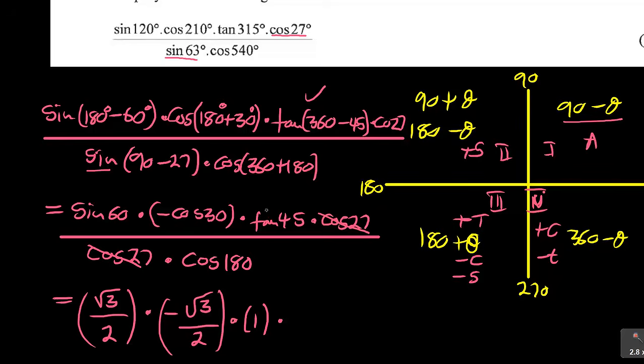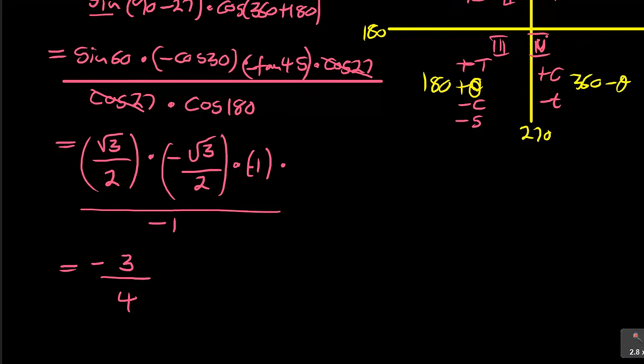So I need to put a negative here. You see negative tan 45 and negative 1. Just to correct that, I've got negative 3 times negative 1 over 4 divided by negative 1, which is equal to, the negative cancels the negative, and the answer is negative 3 over 4.